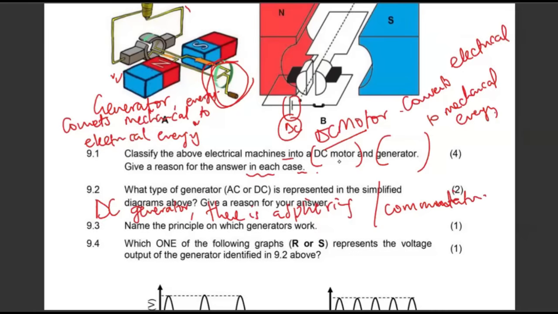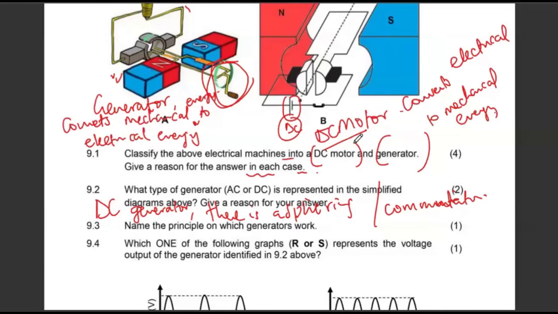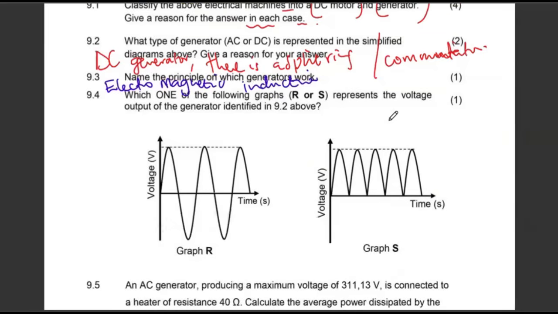All right, then name the principle on which generators work. So which principle is that? The principle that generators use is what we call electromagnetic induction. All right, then which one of the following graphs R or S represents the voltage output by the generator?